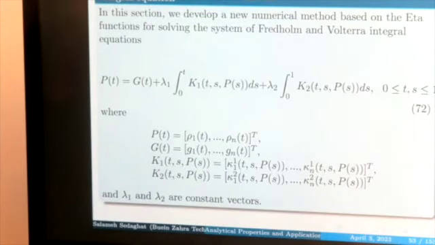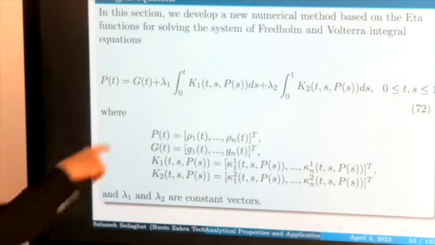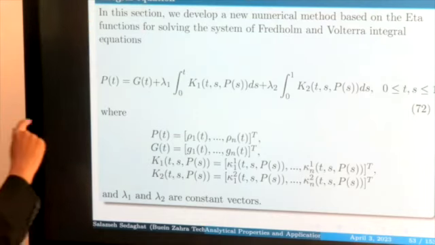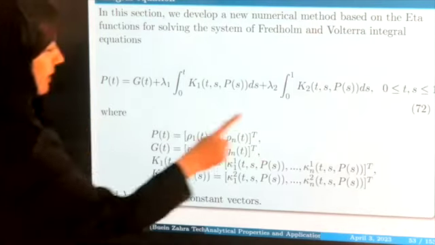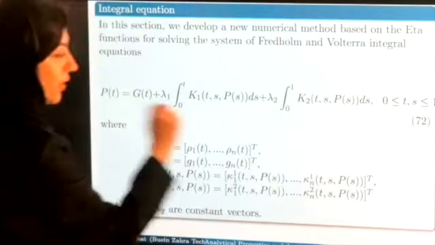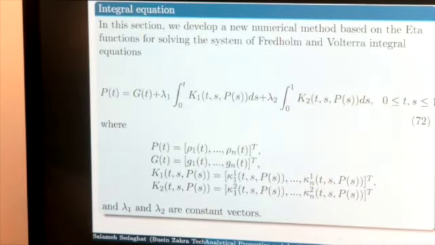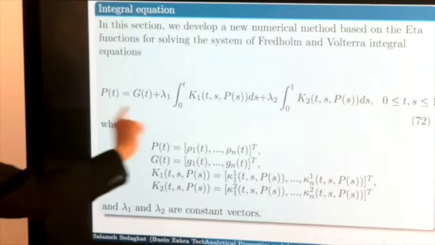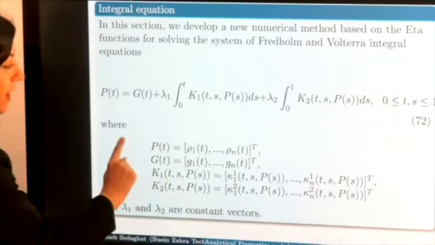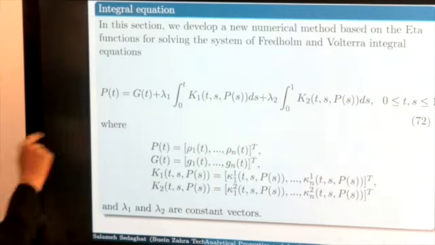In this section, I want to investigate integral equations. You can see here a Volterra and Fredholm integro-differential equation. In this equation, p of t is a vector function of order n.